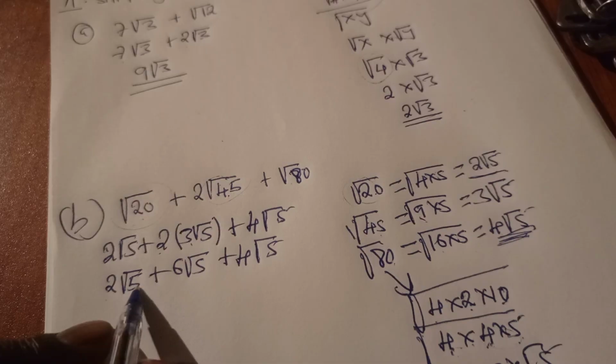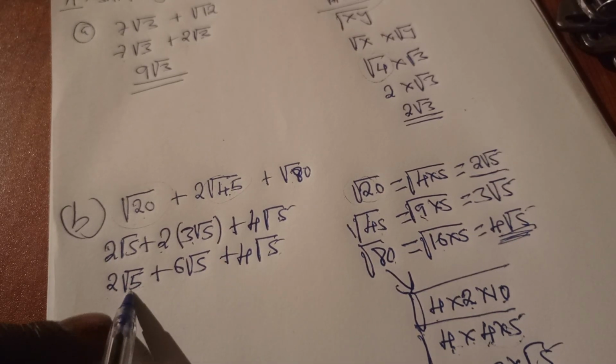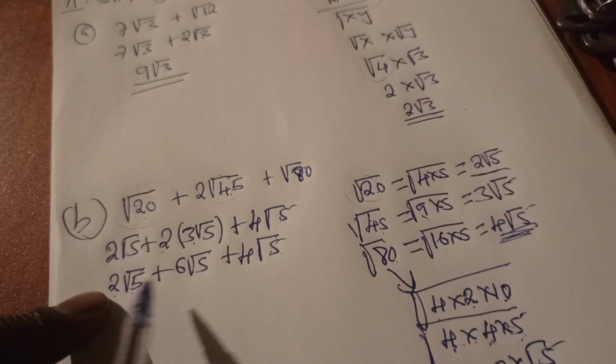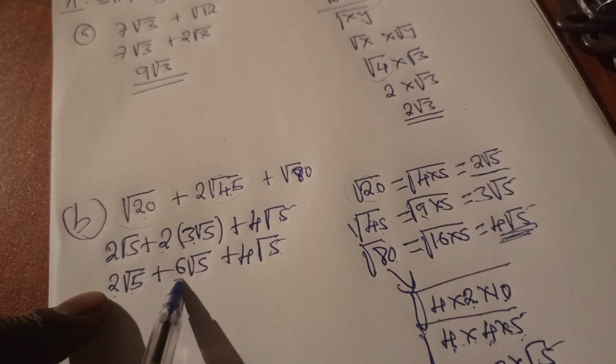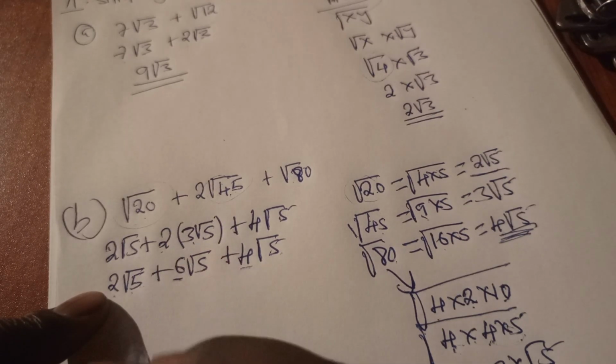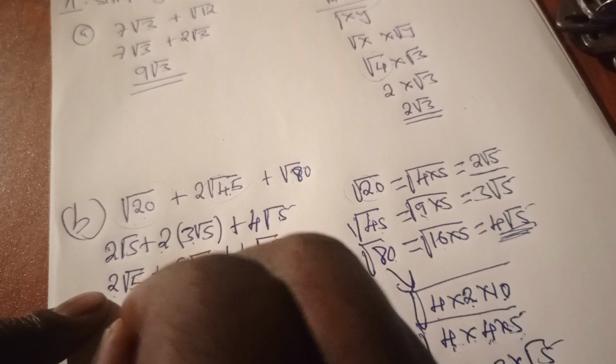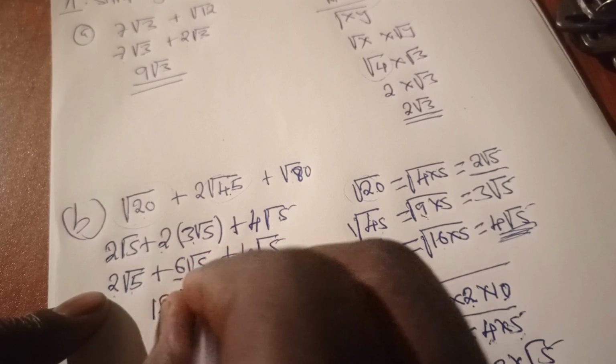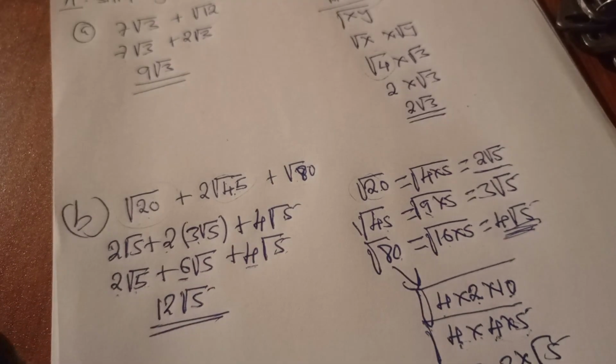Since these are like terms, I'll add: 2 plus 6, which is 8, 8 plus 4, which is 12. So 12 root of 5 will be our final answer for this question.